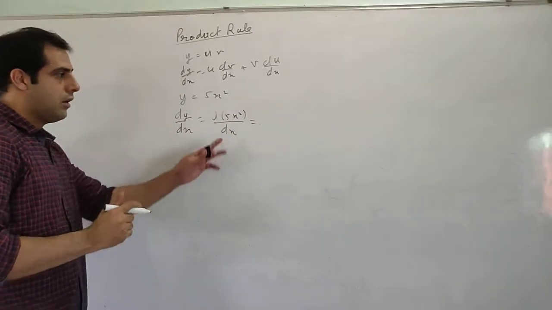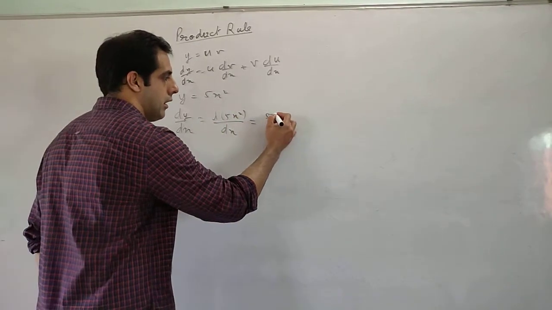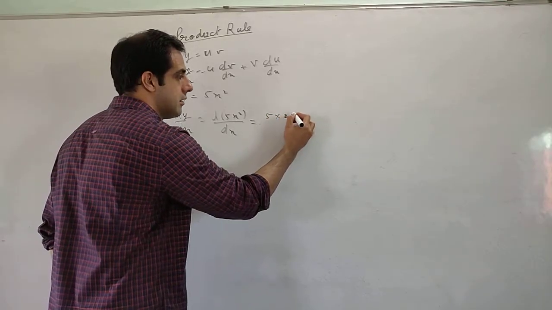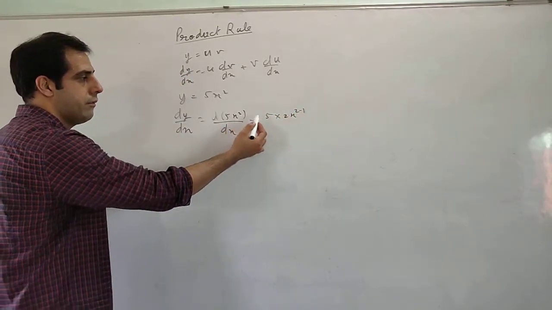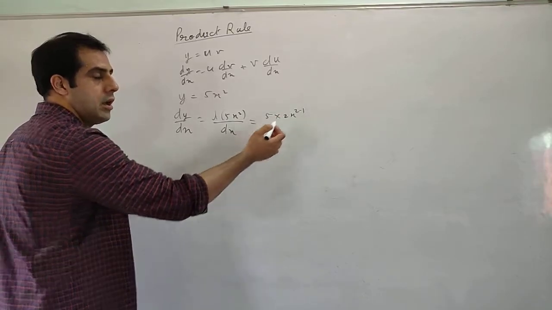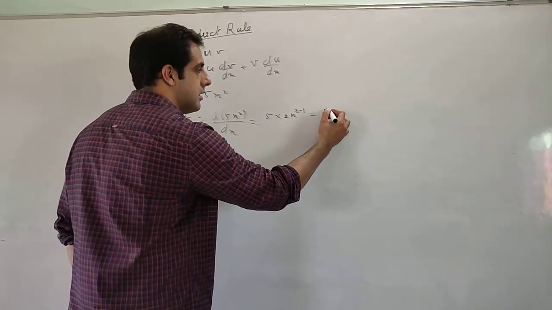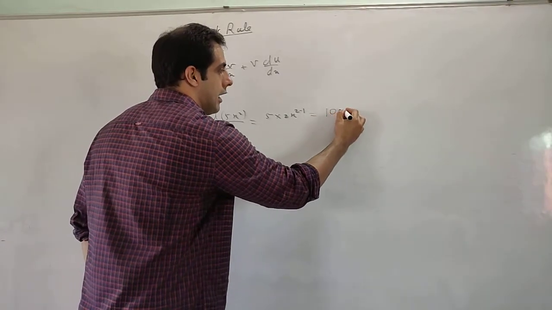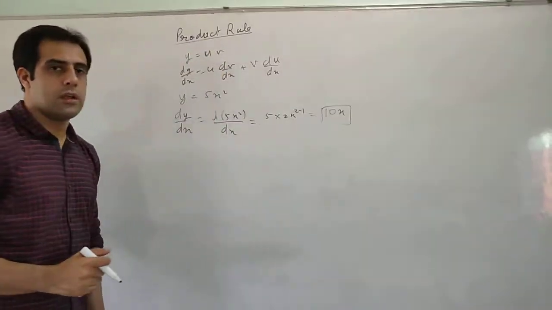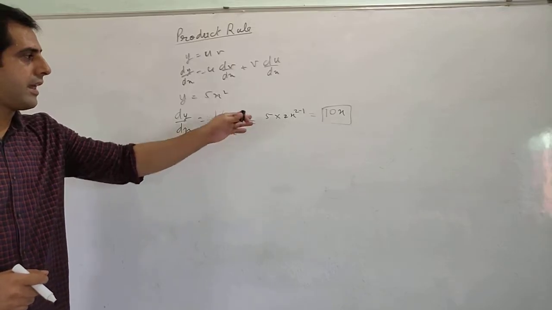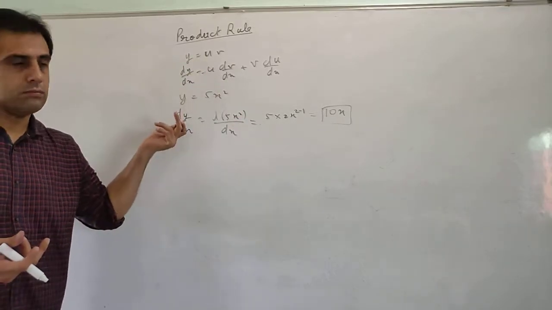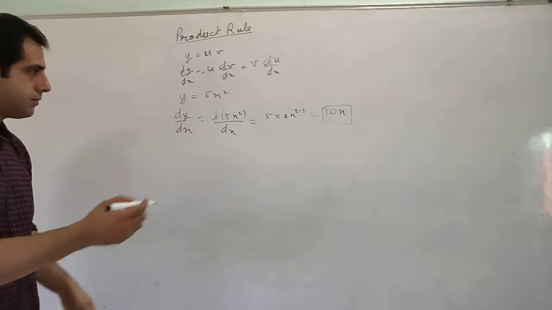Now what we did was, 5 multiplied by the power comes down and the power of x is reduced by 1. So we got the answer 10x.